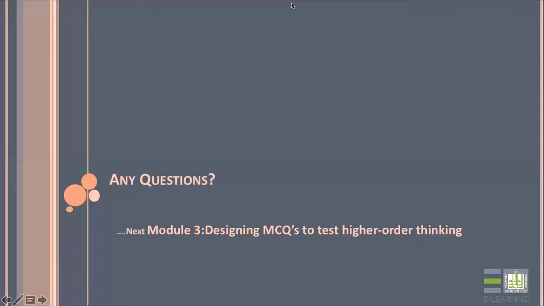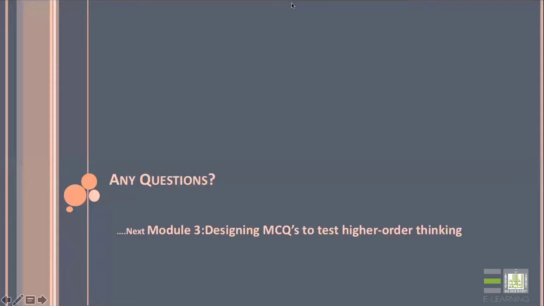There's a question that asks, while making different models, is it better to change the order of the alternatives or change the stem order? What I normally do in my practice is that after I've taught each topic, I spend time constructing multiple choice questions based on that topic, and then put together possible alternatives.